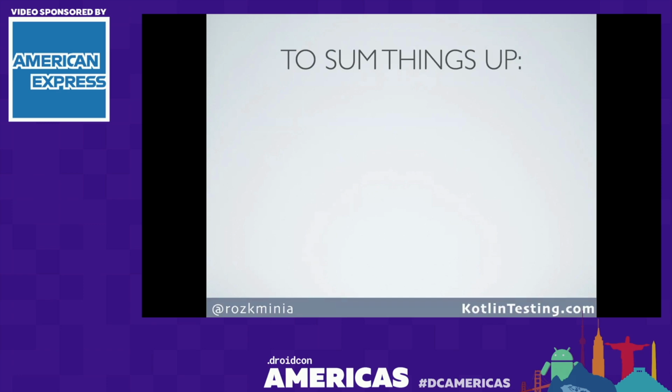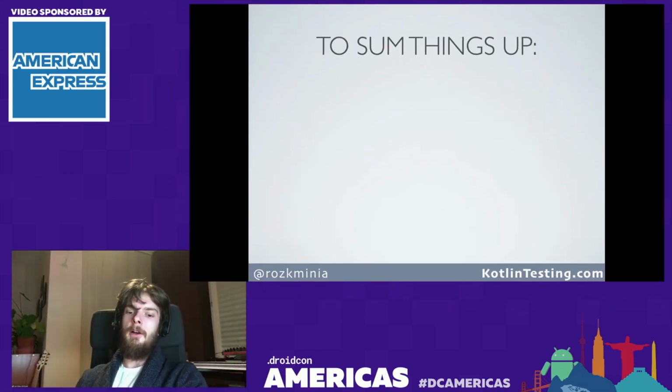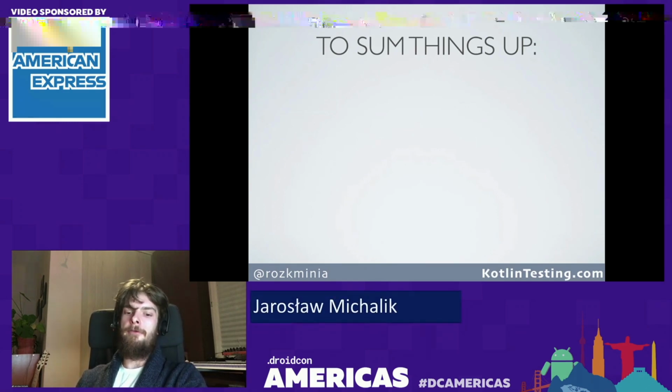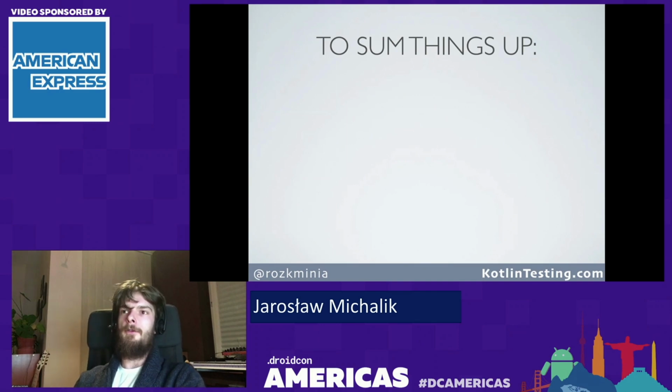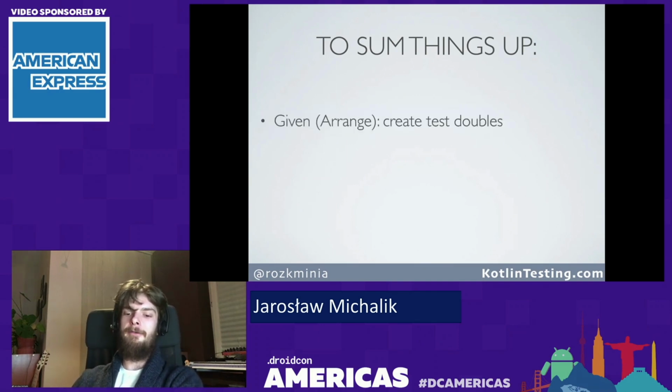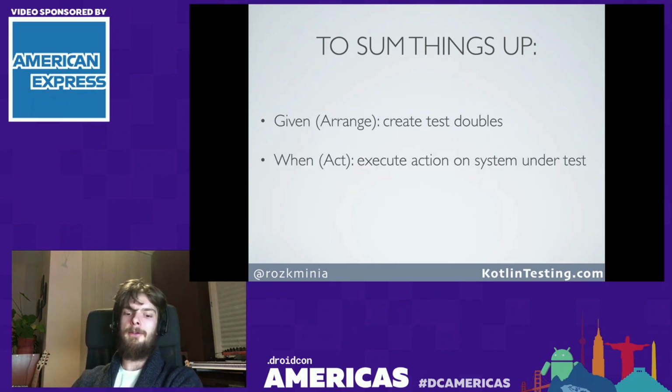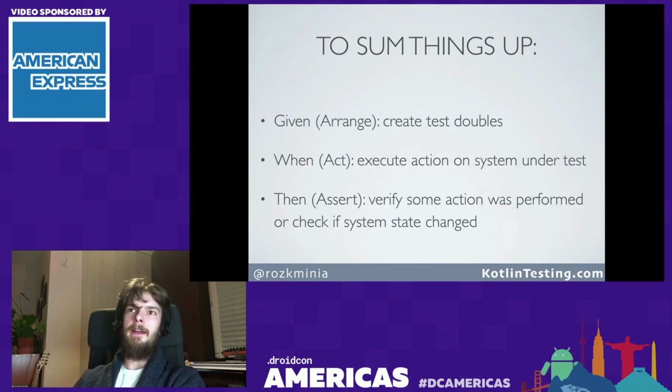Okay, to sum things up, we talked about fundamental concepts of unit testing and test doubles. In the end, I will give a few takeaways. Know your test structure. With the given-when-then flow, you will find creating test doubles much easier. In the given section, prepare dependencies for your system under test.